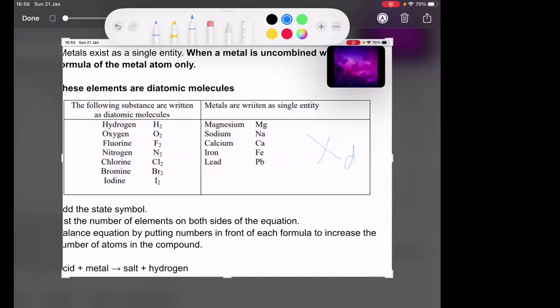Metals exist as single entities, so to the right of the metals I see no number. I just see Mg, Na, Ca, Fe, Pb. Clear, there's no number there. However, these are diatomic. Di means two. So I will see a 2 where D is. To the bottom right, it tells me how many of each atom I have. Is that clear?